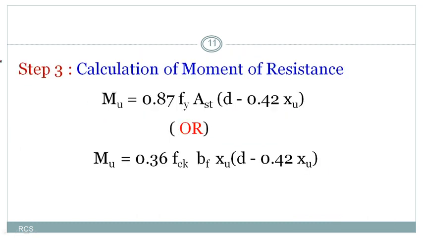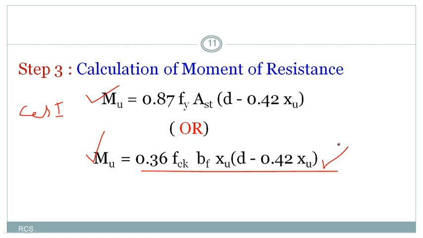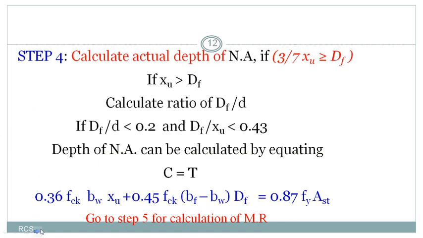So this is step number 3, according to case number 1. Case number 1 is where your xu is less than Df. Then we can calculate the moment of resistance with this formula: 0.36 fck bf xu into d minus 0.42 xu.